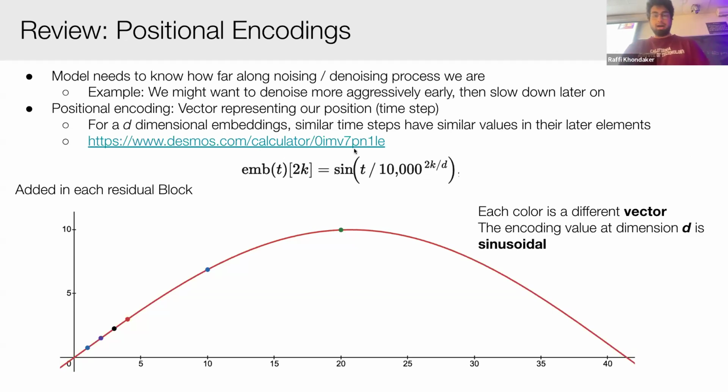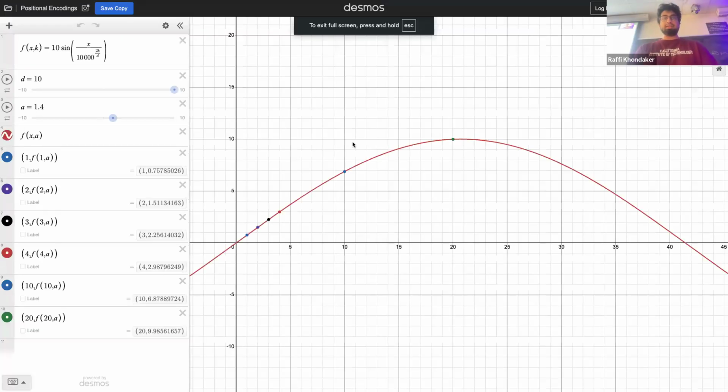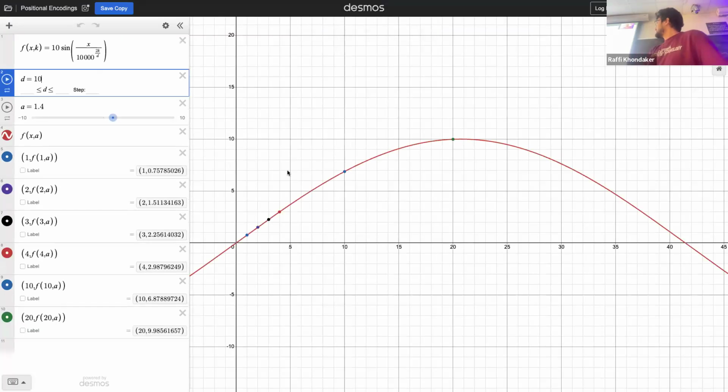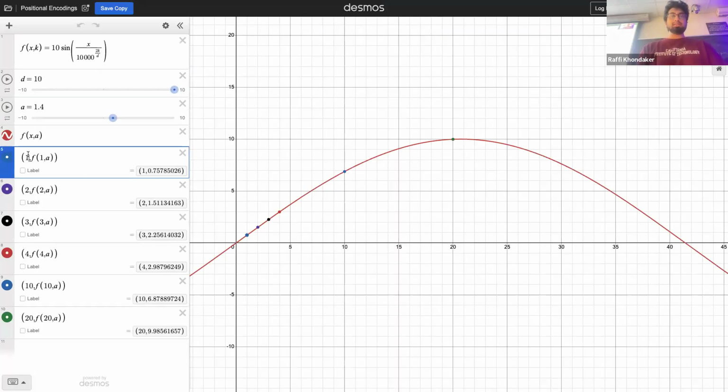I had this visual over here. It's kind of small, but do you see these distinct colors? Imagine we want to figure out the encodings for position 1, position 2, position 3, and so forth.